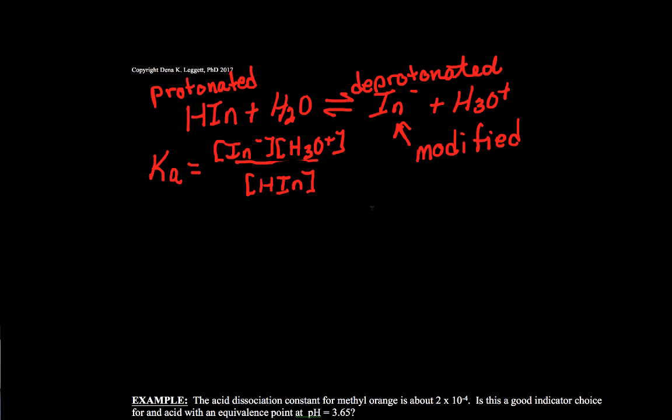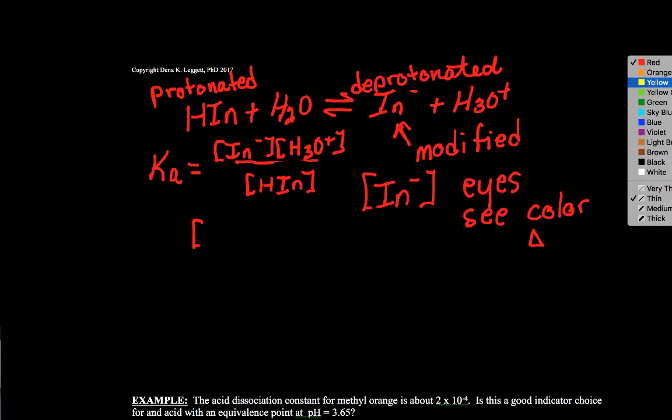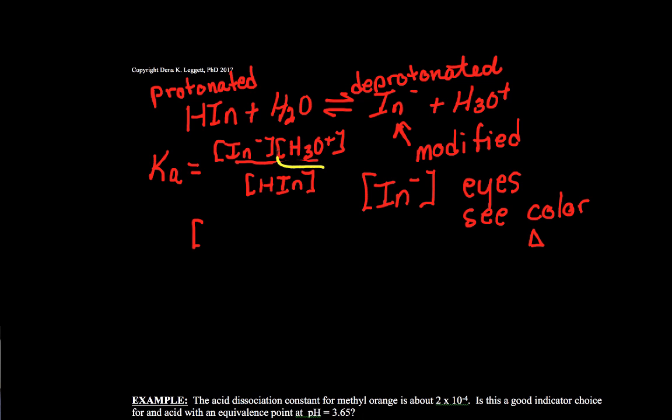Now, what scientists find is that the color change happens when the concentration of that deprotonated form gets large enough that our eyes can see the color change. And there's a range at which that happens. So what we're going to do is zero in on this ratio because that's our colored portion.